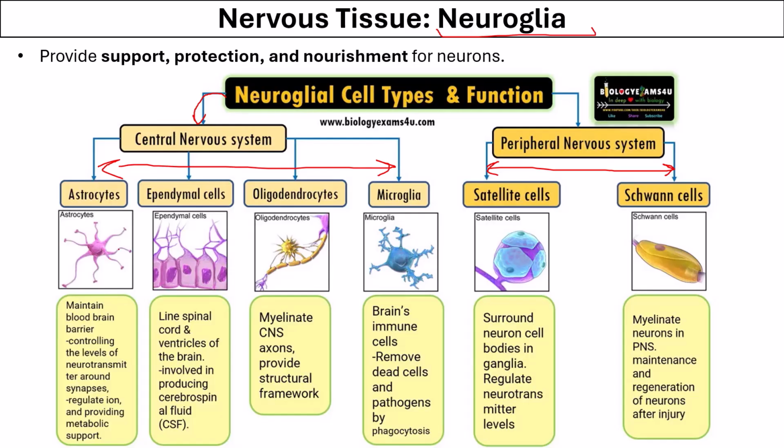These different kinds of cells are helpful in maintaining a blood-brain barrier so that any kind of unwanted material or even pathogens should not enter from your blood to your central nervous system. They also help in producing the cerebrospinal fluid, which is the circulating liquid inside your central nervous system.